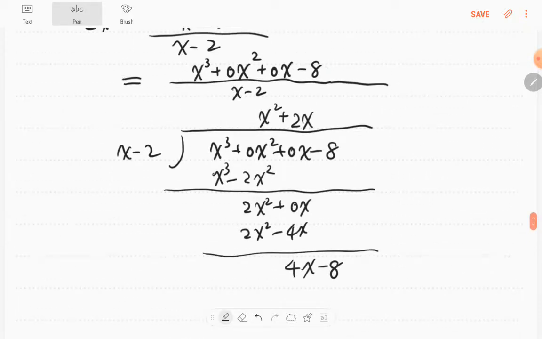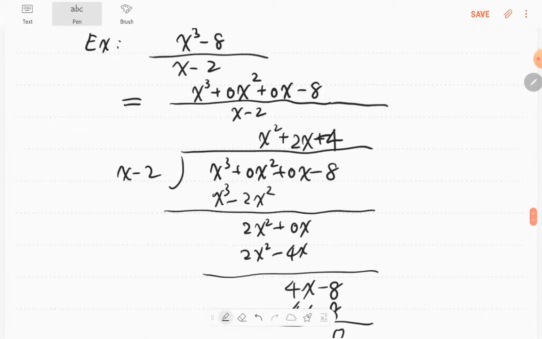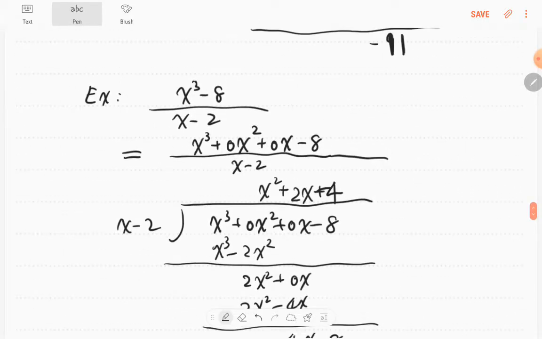minus 8. So the last one, we talk about which one times x will get 4x. It's just 4, right? 4x minus 2 times 4 will get. And we find there's no remainder. Then we realize the answer here is this one.